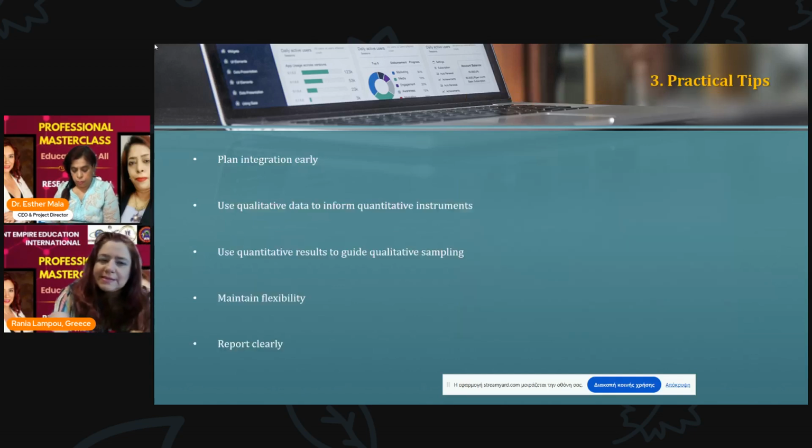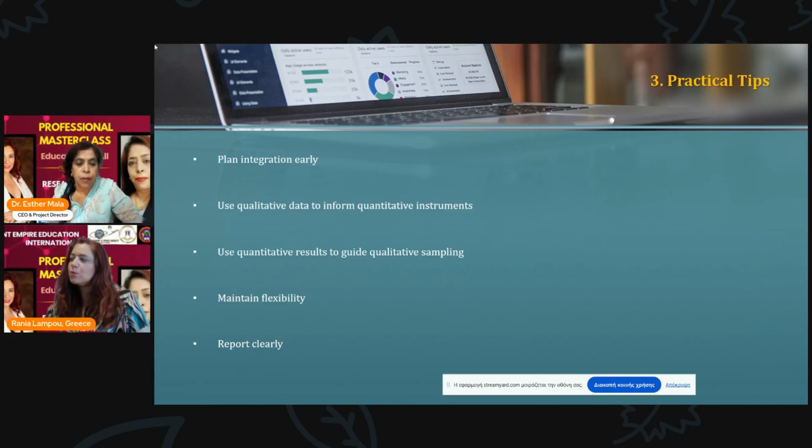And some practical tips: you need to have a clear plan for how qualitative and quantitative findings will connect. For example, use qualitative data to inform quantitative instruments. Interviewing, for example, can help design survey questions. Use quantitative results to guide qualitative sampling.